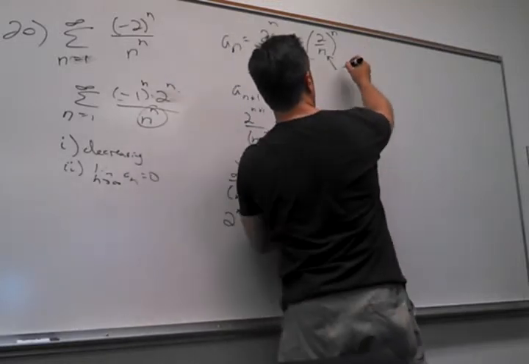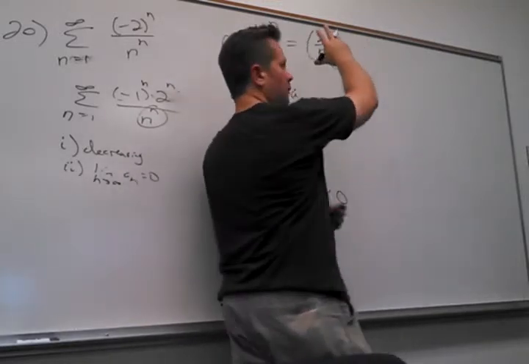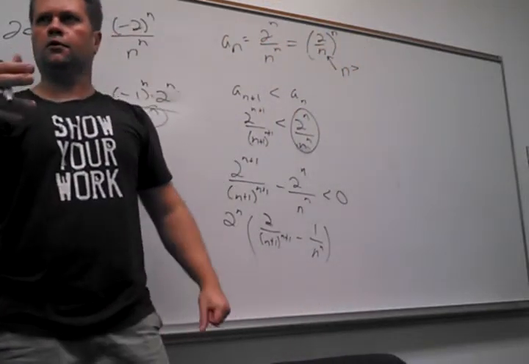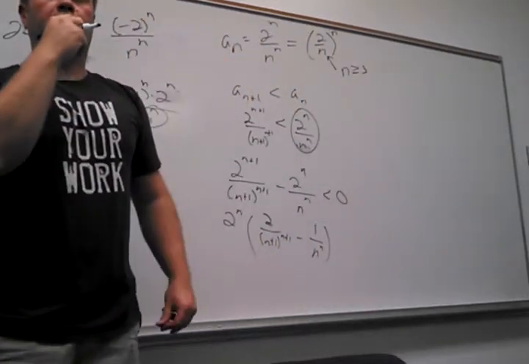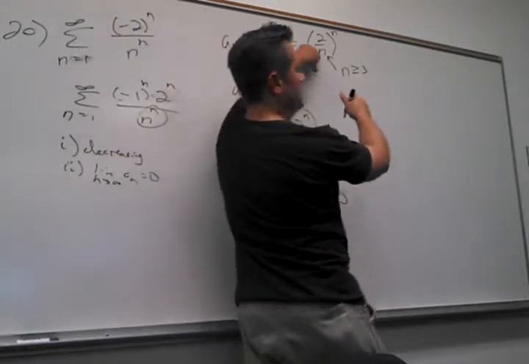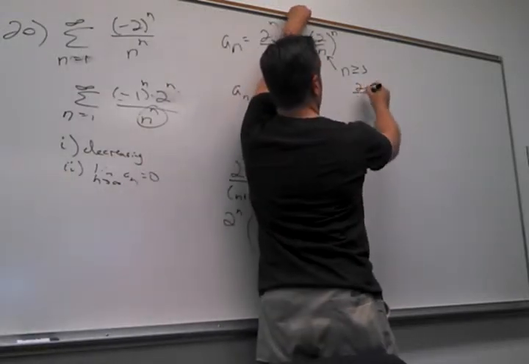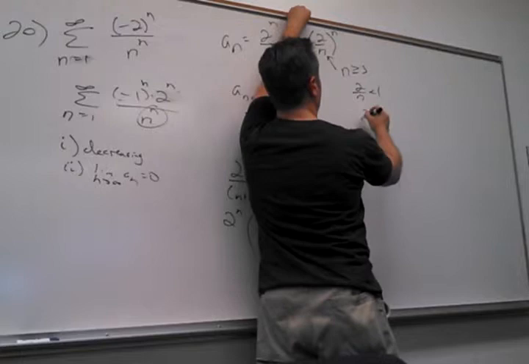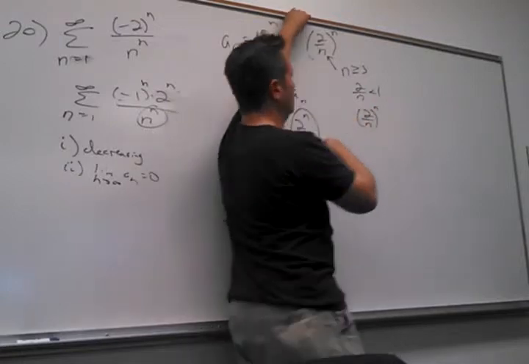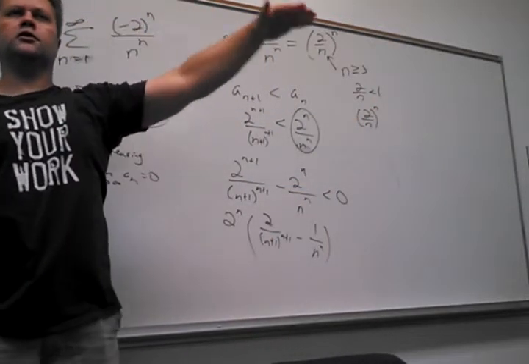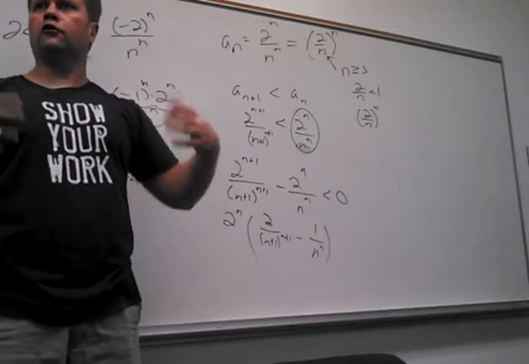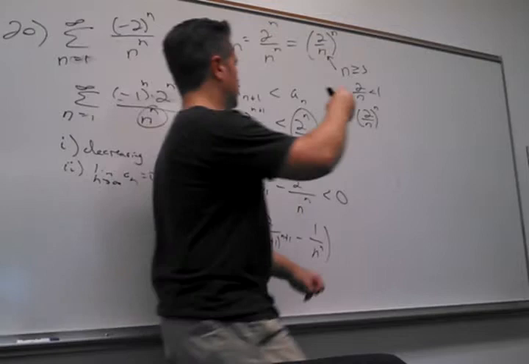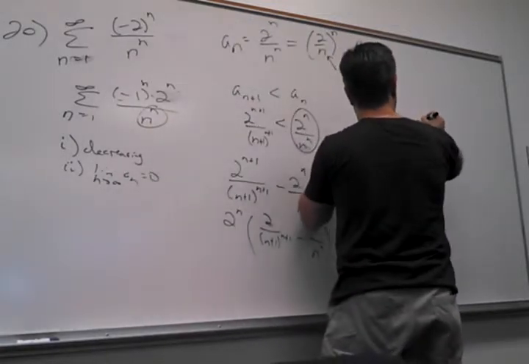So for all n past what number, how do I get past 1? I've got to start at 3. For n greater than or equal to 3, this is less than 1. So 2 over n to the n, much like a geometric series, is going to have to be decreasing. I'm going to be multiplying over and over by a number smaller than 1. So this is definitely going to be decreasing.